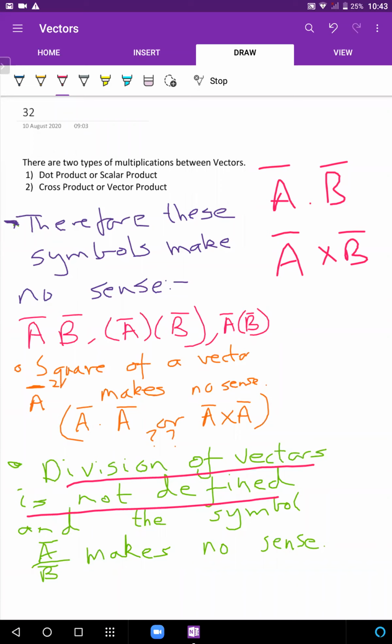And more importantly, for reasons you'll understand a lot later, division of vectors actually makes no sense because you don't get a unique answer. So A bar by B bar is just not defined. Remember it like this: vector division is not defined.